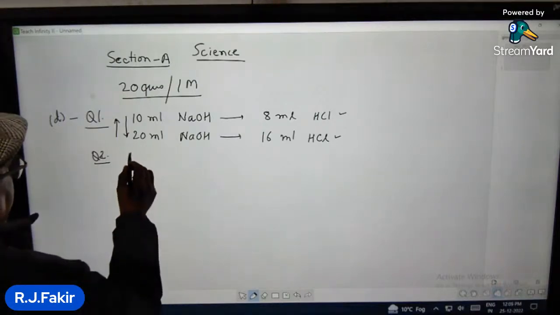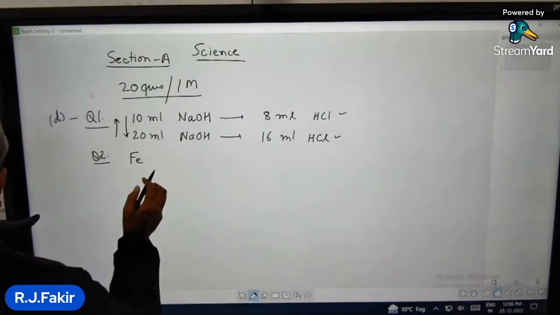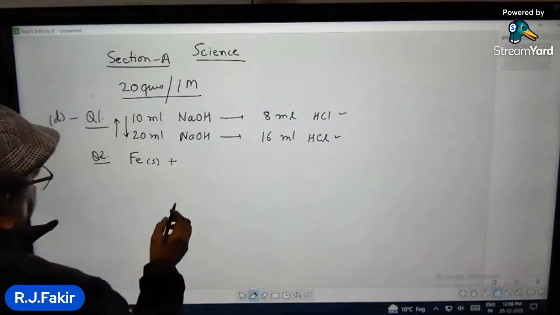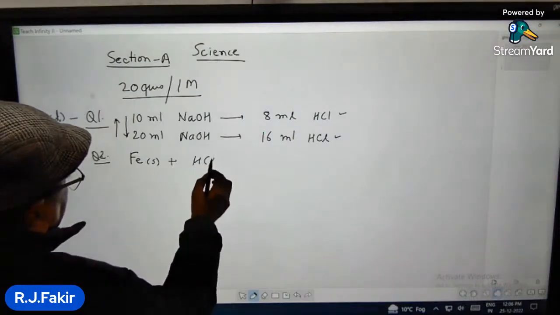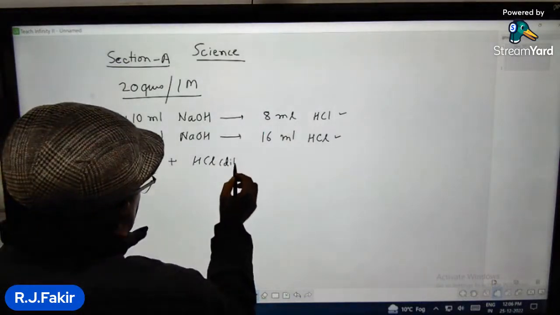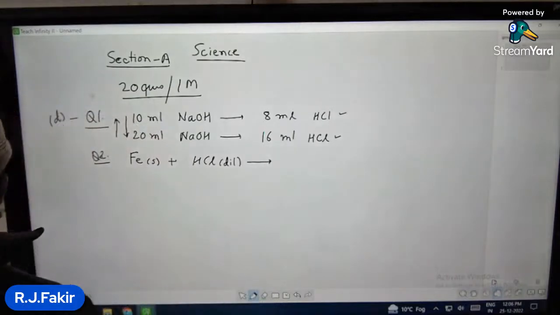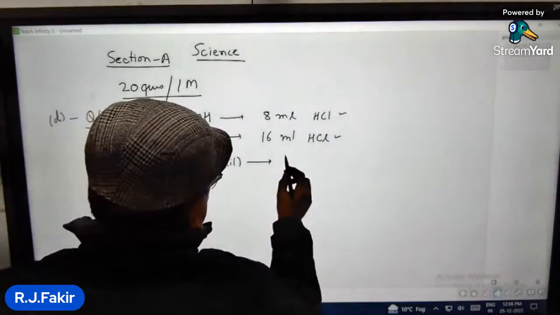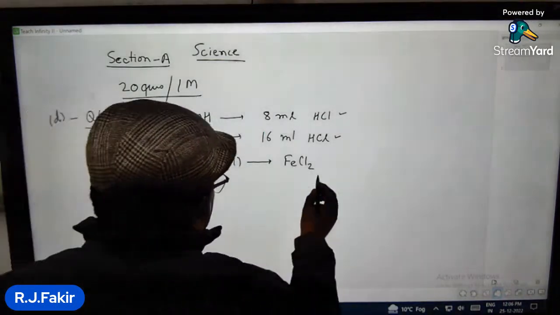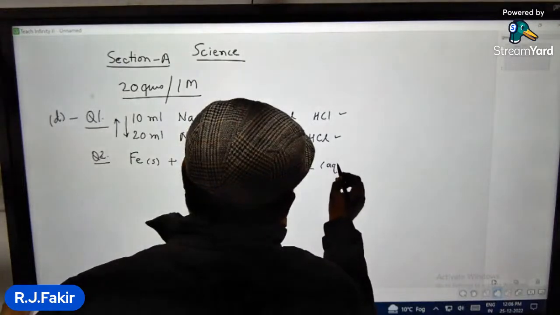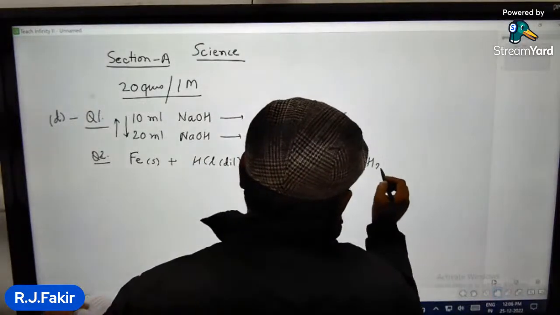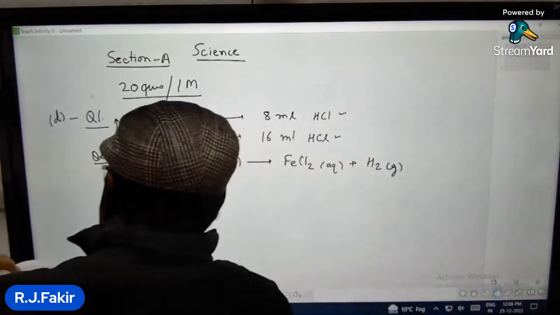that is iron, in a solid state, plus you have hydrochloric acid, this is dilute, and this gives us FeCl2 aqueous plus H2 gas.